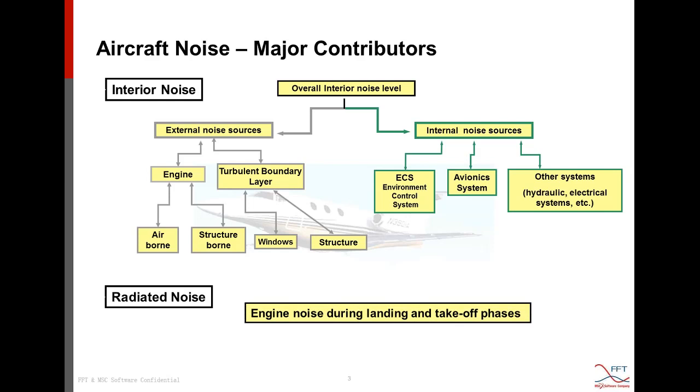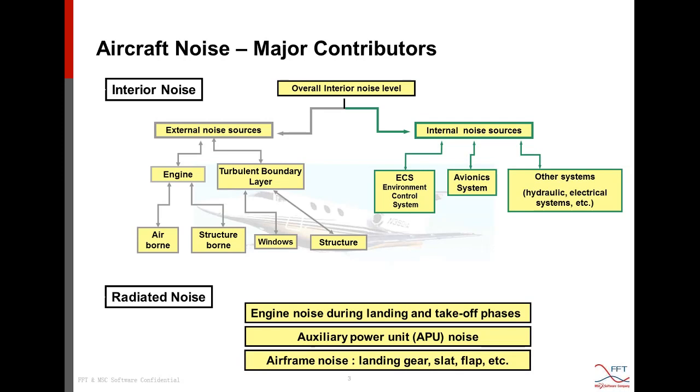And for radiated noise or external noise, we are talking about also engine noise during landing or takeoff phases. This is essentially related to the certification. So at certification of engine and aircraft, there will be 3 points defined to measure the emitted noise of the engine. And APU, the auxiliary power unit, the air intake and air exhaust of the APU will also generate noises.